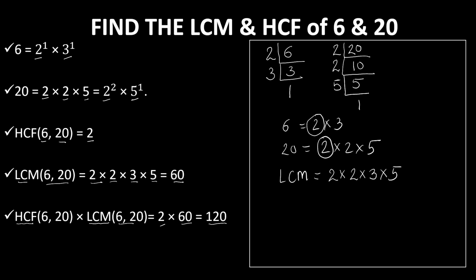Will it be the same if we multiply the two numbers themselves? Let's check. Yes, 6 into 20 is 120. So we observed that the product of the two numbers 6 and 20 is equal to their highest common factor multiplied by their lowest common multiple.